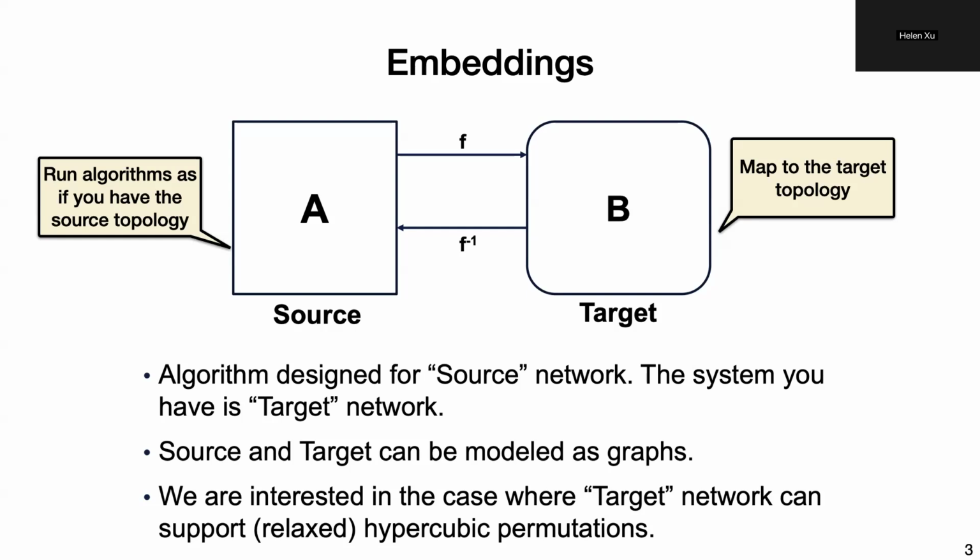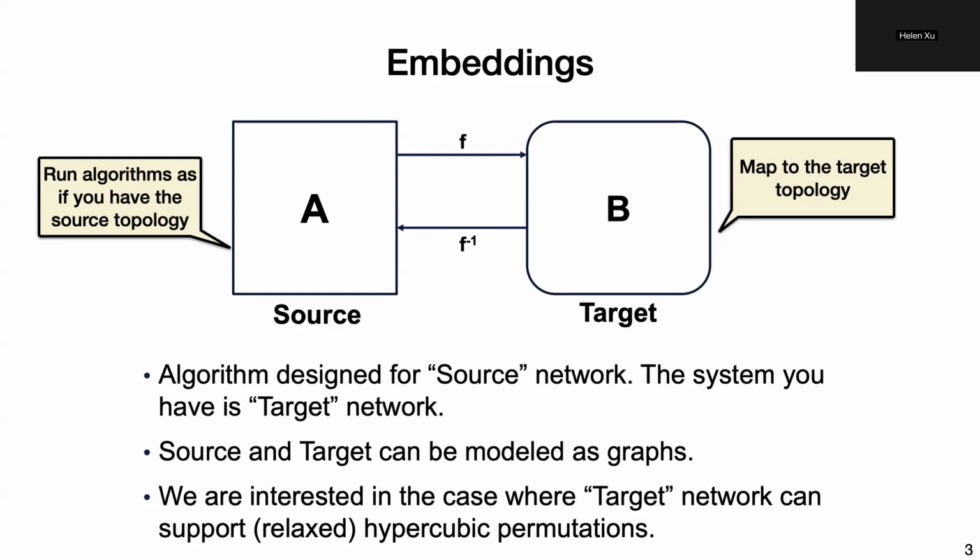Okay. So just to recap, we're going to continue embeddings. Last time we were doing embedding, and basically what we're going to do is this. We have a target topology, which is the topology that we actually have in our machine. When we have a distributed memory computer, the nodes have to be connected by some kind of topology.